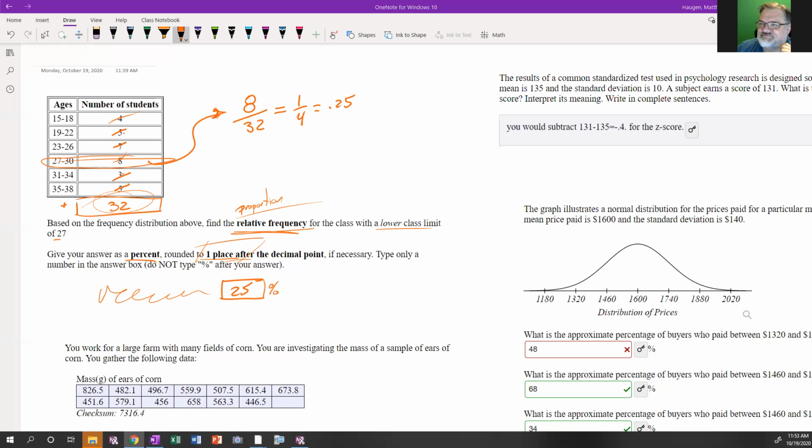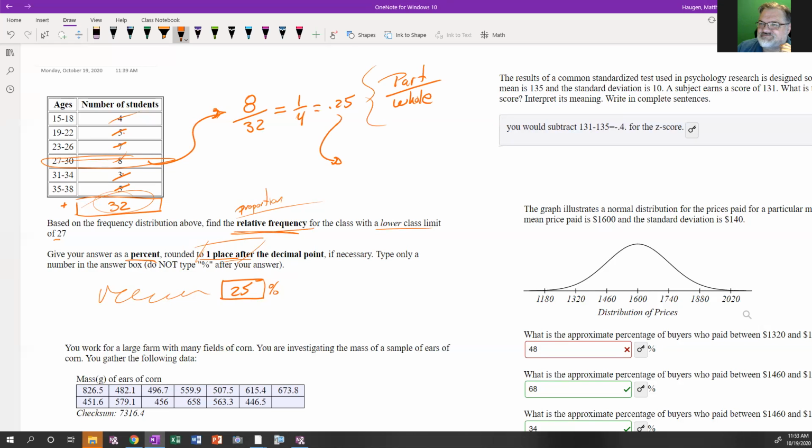But that relative frequency, that part out of whole, as we get ready to go into chapter 5 and start talking about probability, this idea of part over whole is going to become really important, because those are essentially going to become our probabilities. Why would somebody want that relative frequency?